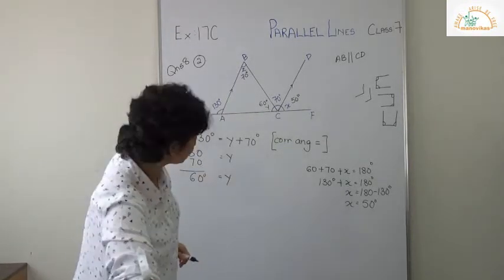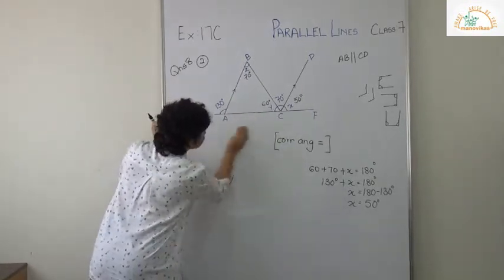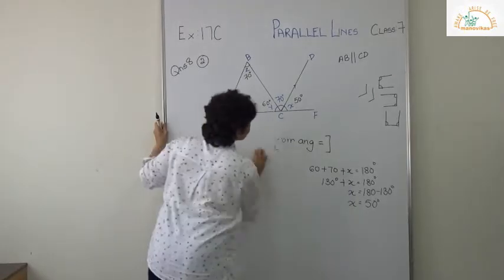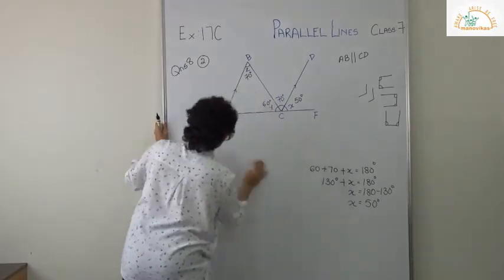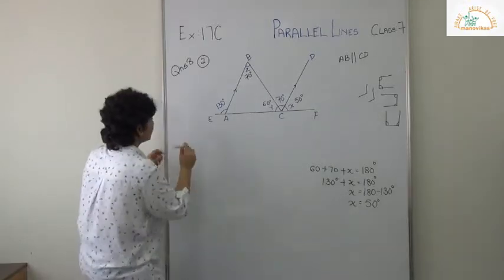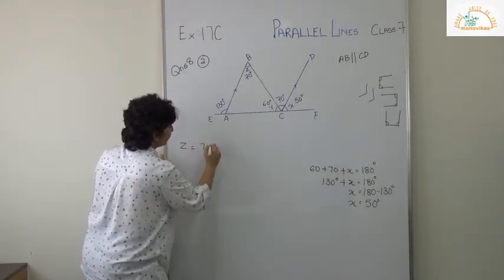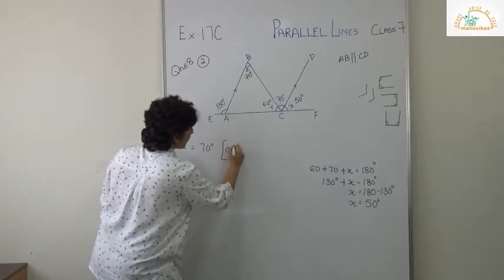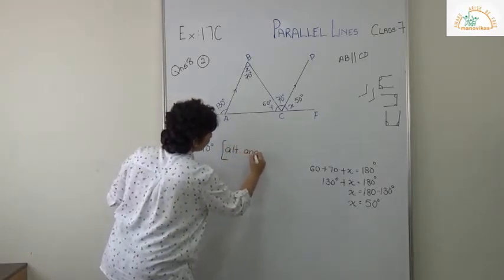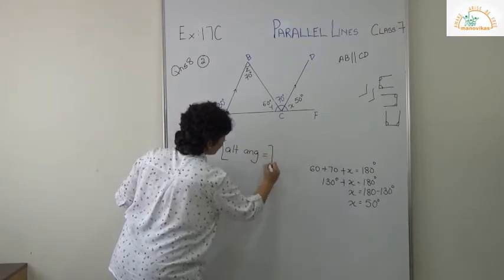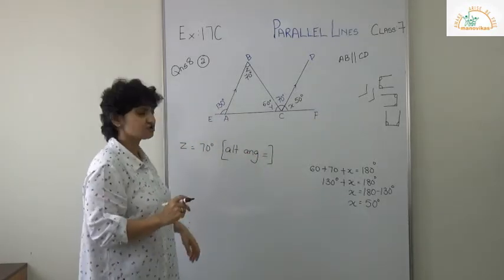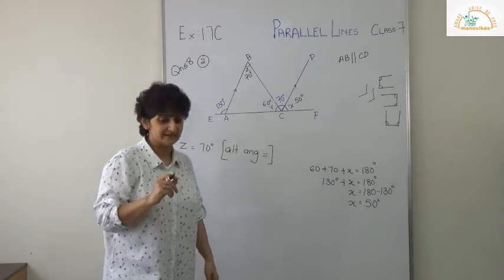There is no place, children, so let me write this. Z is equal to 70 degrees. And what's my reason? Alternate angles are equal. I hope you have understood. Let's move on to the next sum.